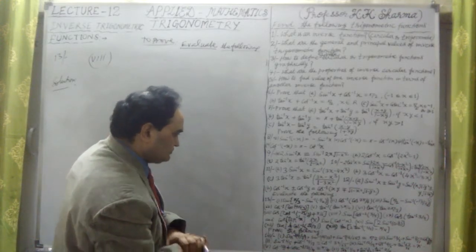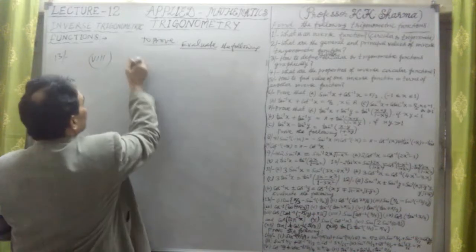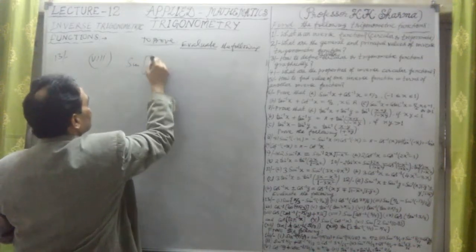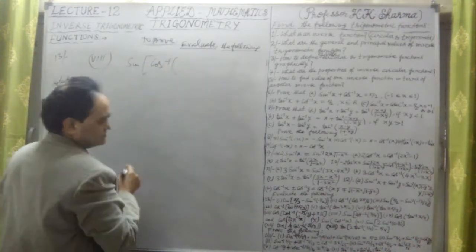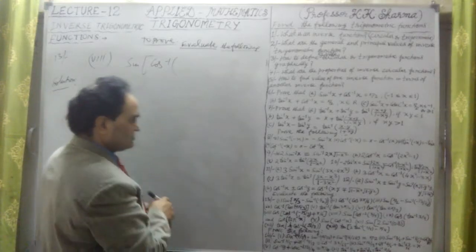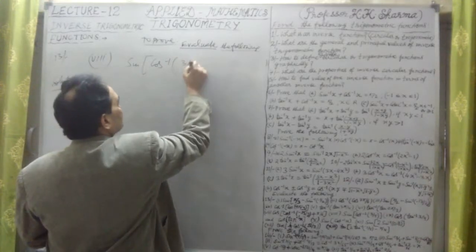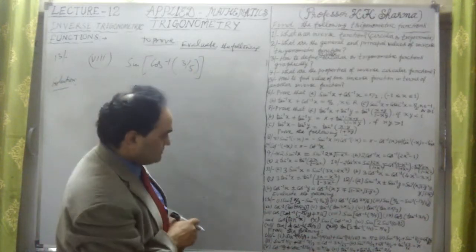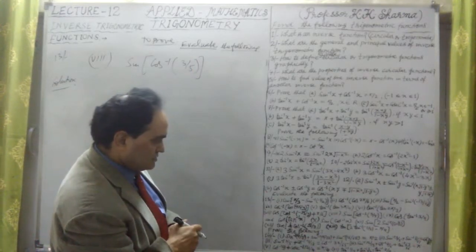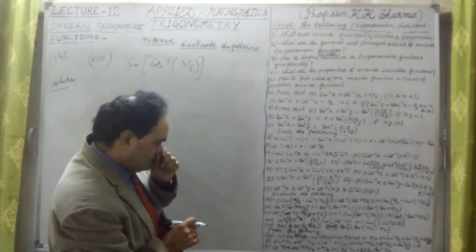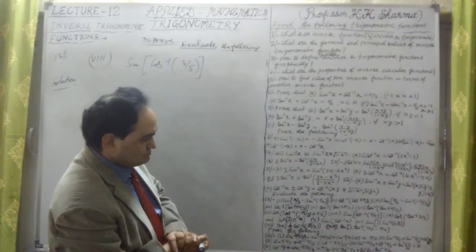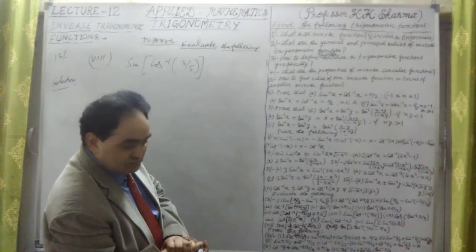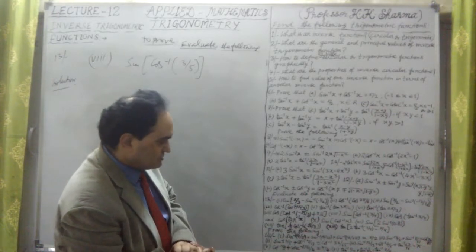Okay, it says sine of cos inverse 3 by 5. Okay, so that is the value here. Now if I convert this into sine, that we will just convert.